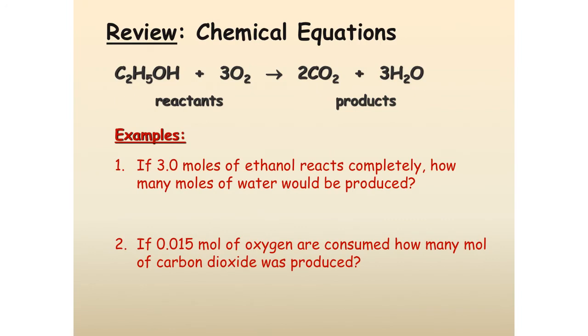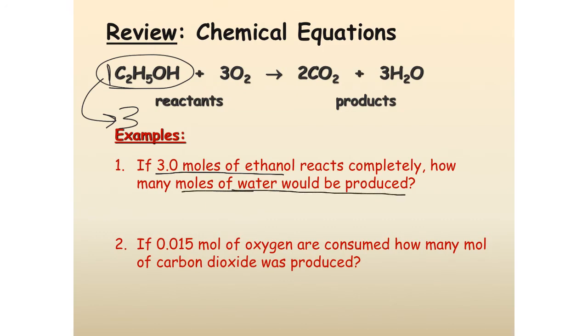So we have the same reaction that we had on the previous slide. We just have 2 quick examples to do with them. If 3 moles of ethanol, so here's the ethanol, there was no coefficient in front of it, so that would be like a 1. We are changing that to 3, so we are tripling the amounts. It asks how many moles of water would be produced.